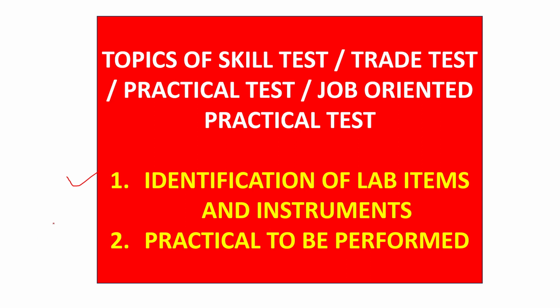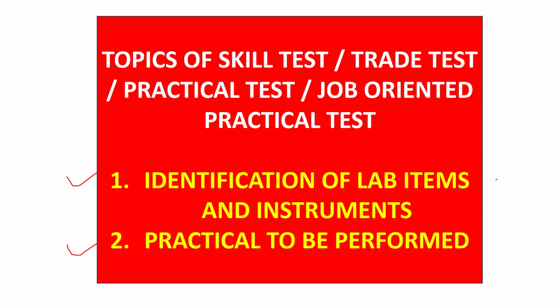They will show you, and you have to identify them and say what the use of those instruments or lab items is. And the next is the practicals to be performed. They will give you some practicals and we have to perform them to qualify the skill test, trade test, or practical test.